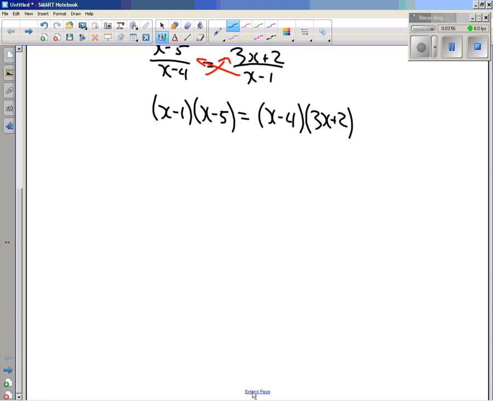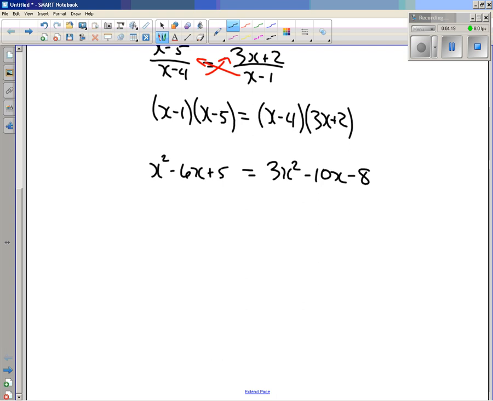If we expand out our left side, we're going to get x squared minus 6x plus 5. And on our right side, we'll get 3x squared minus 10x minus 8. Okay.